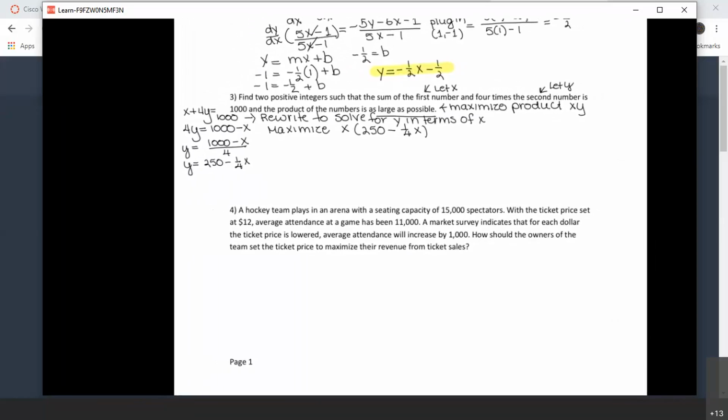Everybody good with that? Okay. Then let's multiply this out. 250x minus 1/4 x squared. Okay, and now I need to differentiate this with respect to x.